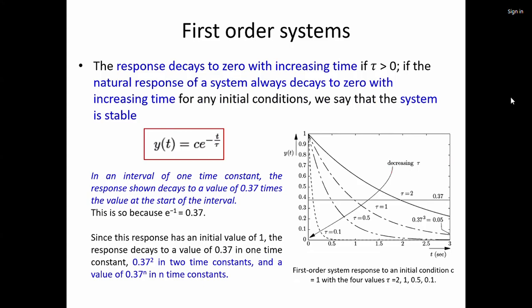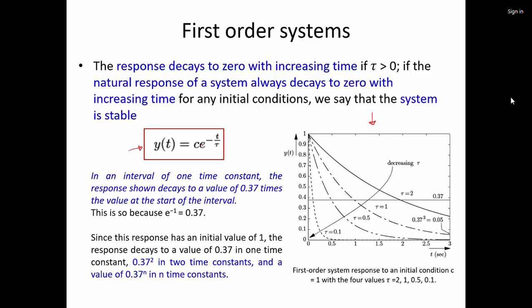Now, the response of a first order system typically is shown here. As you said, this is how y is varying with time. Let's say in case of a thermocouple, this is how the temperature will vary with time. Typically in a first order system, the response will gradually decay to 0 as time increases, for the time constant tau greater than 0.